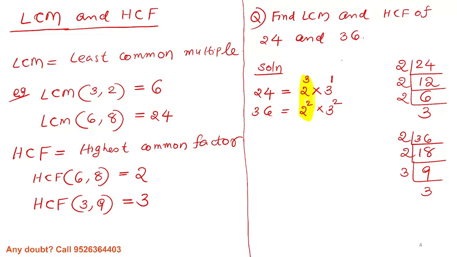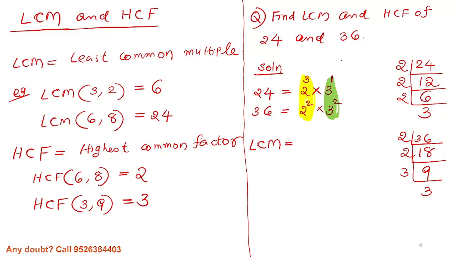Both of them have the same base. Next class I will discuss more problems, don't worry about that. Whatever the power may be, I don't need that. Base 2 is matching, base 3 is matching. You have to write in this way so that you can write the LCM and HCF in the next step.